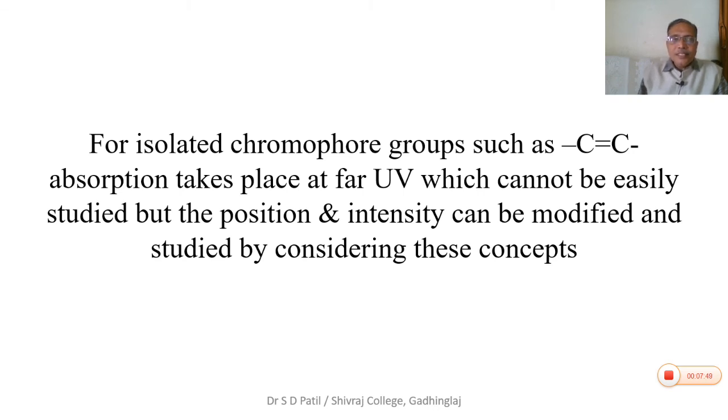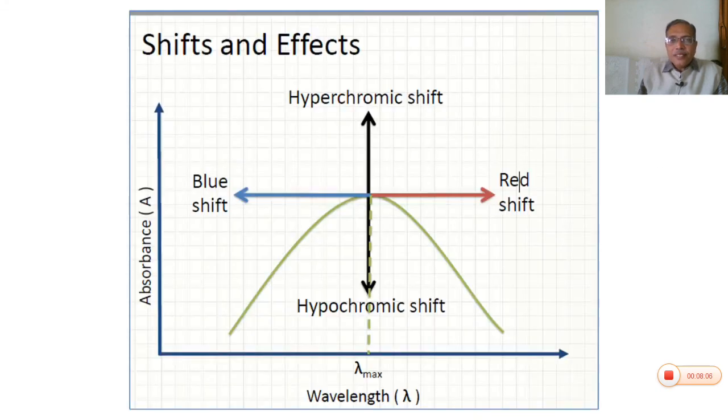So increase in intensity, decrease in intensity, shifting to longer wavelength, shifting to shorter wavelength explain the behavior, and by considering these various properties, structural analysis can be carried out using these fundamental concepts.